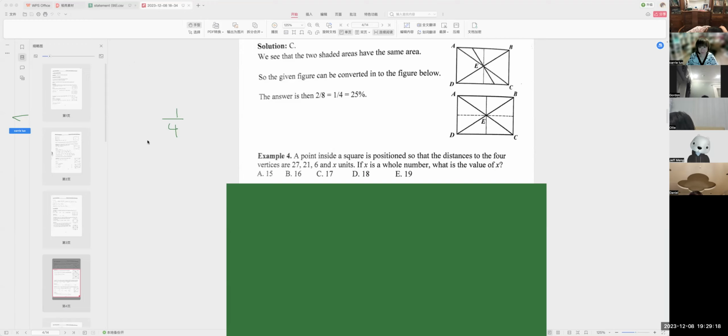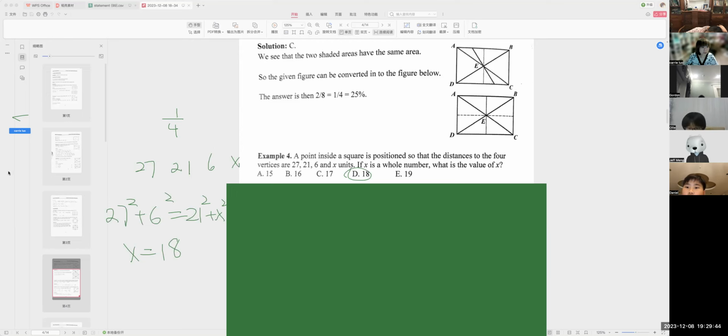Everybody, do you understand number 4? Okay, so the point inside the square is positioned so that the distances to the 4 vertices are 27, 21, 6, and x units, right? So this is very easy because 27 squared plus 6 squared equals 21 squared plus x squared, right? So that's why x equals what? X equals 18.